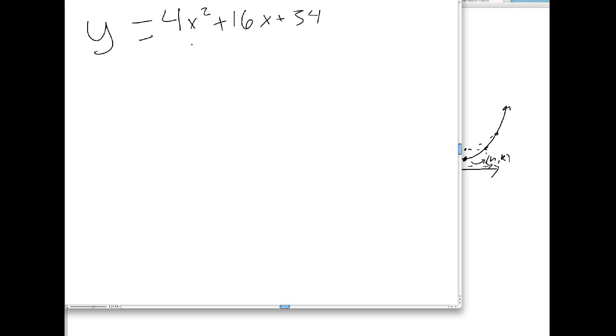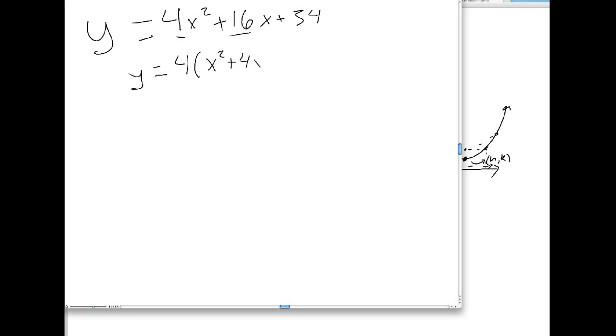First thing we're going to do is get the equation into standard form. Now, how are we going to do that? Well, first we're going to factor out a 4 from these first 2 terms. Okay? So, that would give us y equals 4 times (x squared plus 4x).